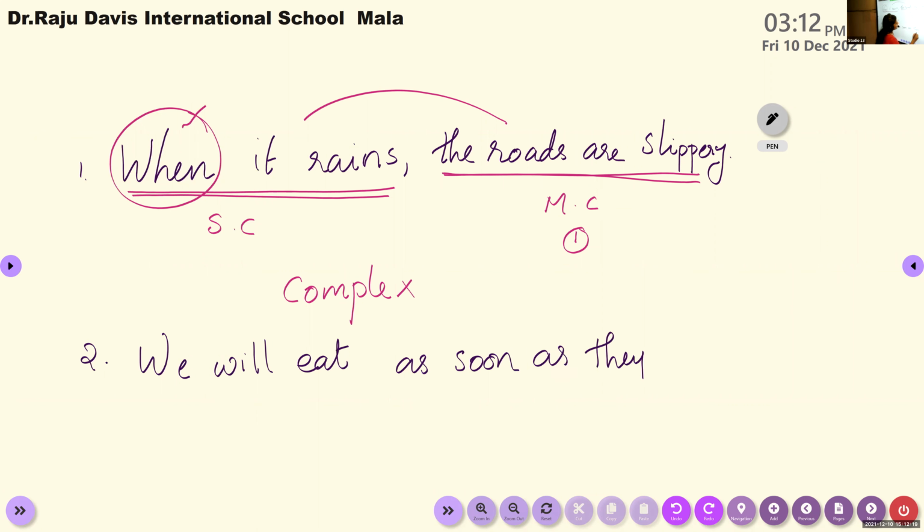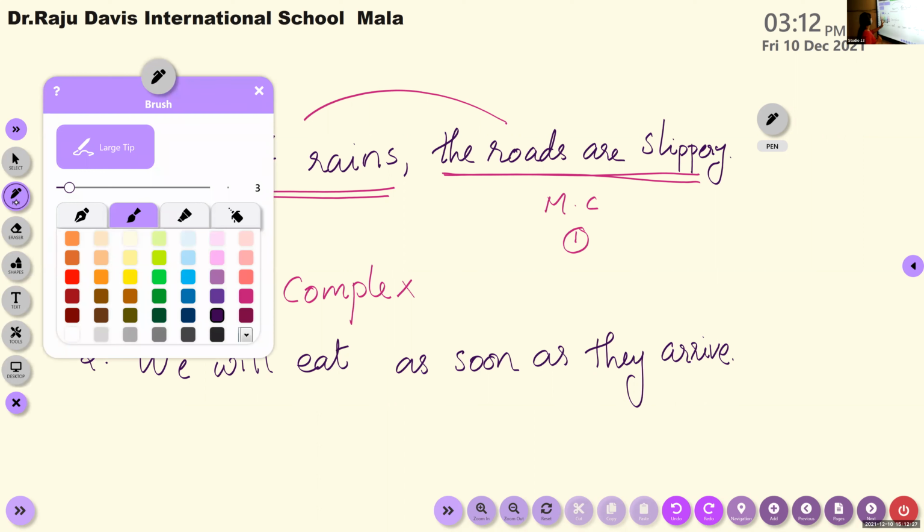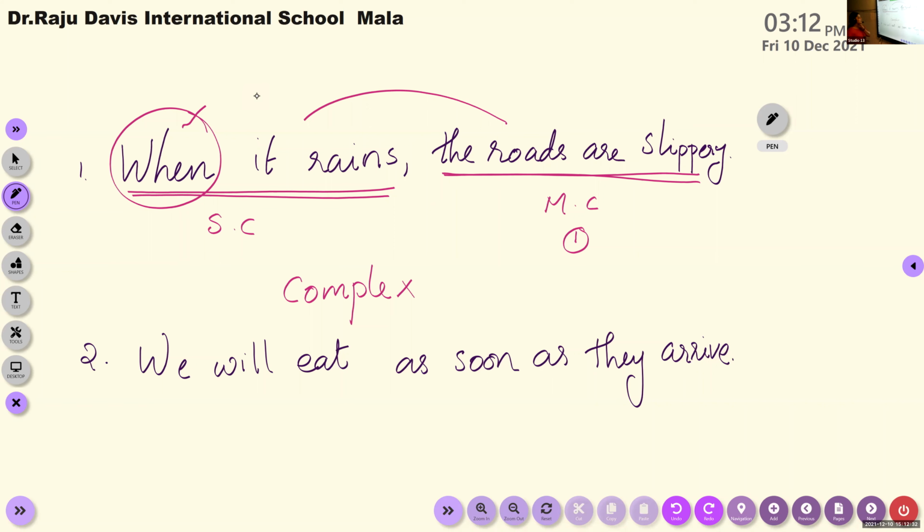Now, let us find out whether the sentence is an example of a complex sentence, a compound sentence, or a simple sentence. Initially, we should identify the subordinating conjunction with the subclause.